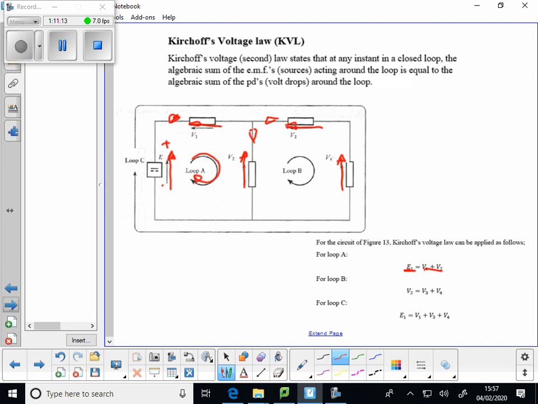We've got a loop here, where we've got one clockwise arrow, V2, and clockwise arrows V3 and V4, so we could calculate V2 as equal to V3 plus V4, rearranging it with the others. And then lastly, we've got the loop all the way around the outside. We've got one clockwise arrow again, E1, and then we've got V1, V3, and V4 as anti-clockwise arrows.